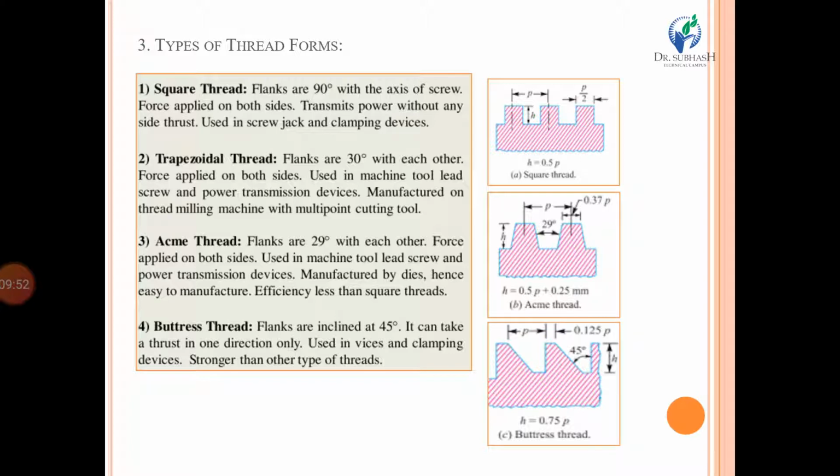The special thing to focus on is that such buttress threads are used whenever we need to transmit power or load in one direction only. So this is its specific application. Also, the diagram indicates a few geometrical relations between pitch, height, width, etc.